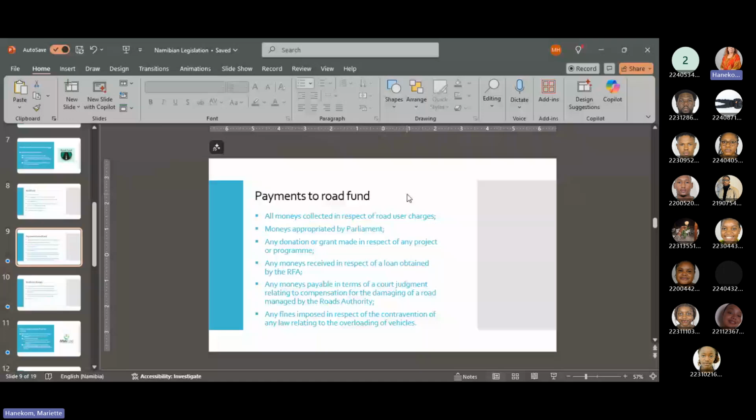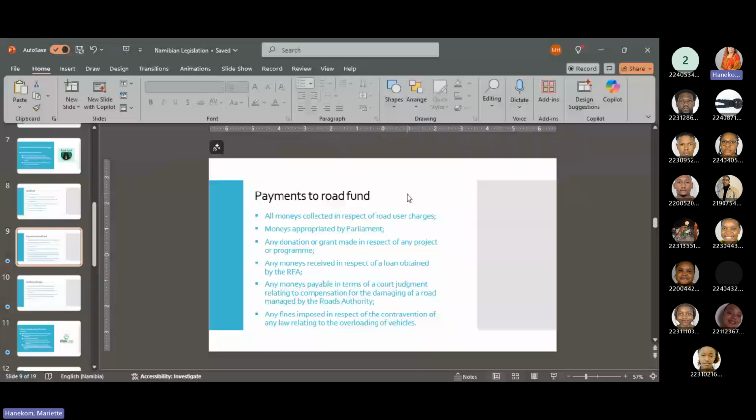Donations and grants, they can have the right to borrow money from loans received. If somebody damaged a road and they were taken to court, money relating to compensation, and then any fines imposed in respect of the overloading of vehicles. So this is the source of their funds.